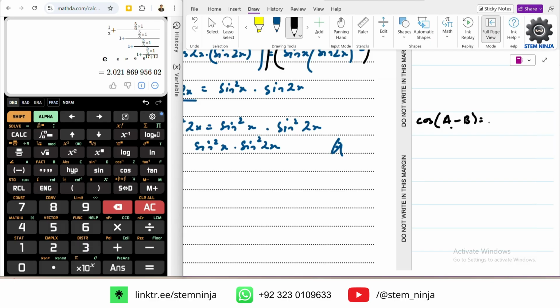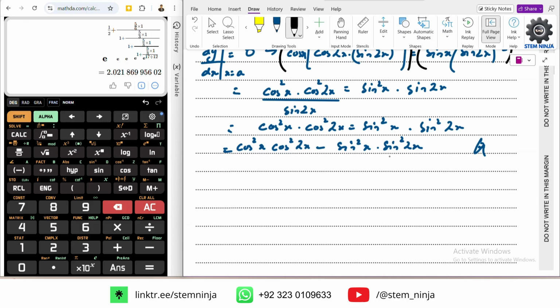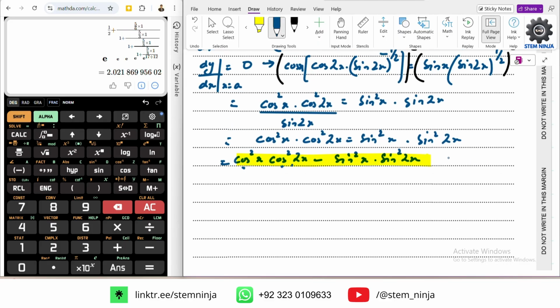So cos A, sine A, cos B minus that. But this is in squared form, right? So cos squared minus sine squared, sine squared. So we need this in one expression, like one trigonometric ratio. And we know that this is equal to 0.